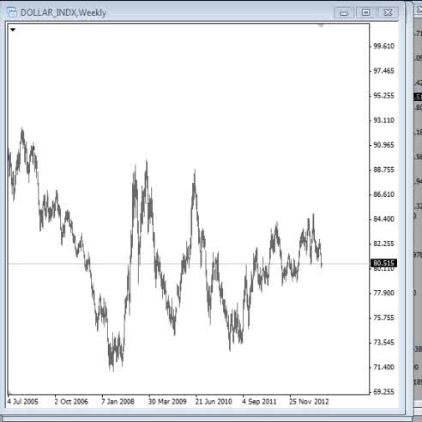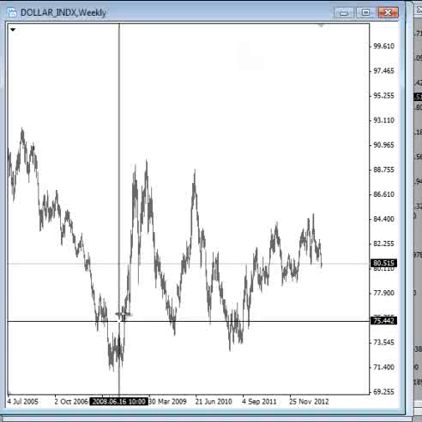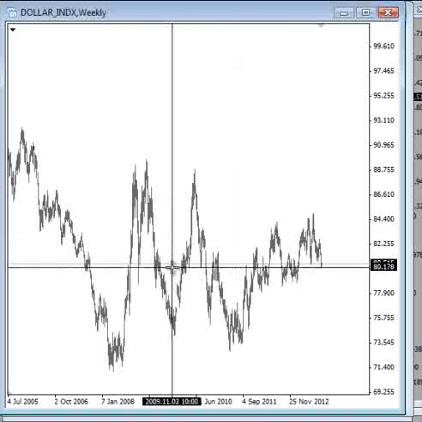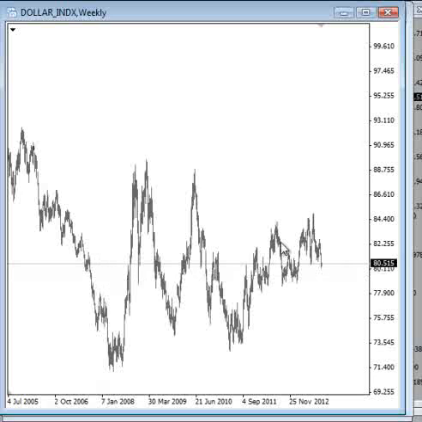Before we go to those wave counts, I really want to look first at the US dollar index, which is actually the reason why many different wave counts exist on different dollar pairs. As you can see on the dollar index, prices have been trading sideways since 2008, and we are back in the middle of that range.